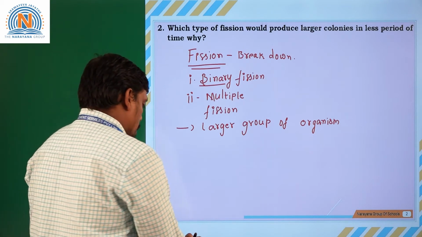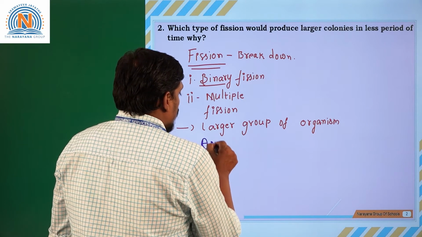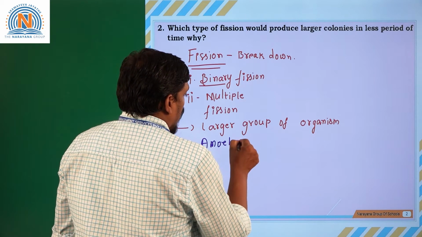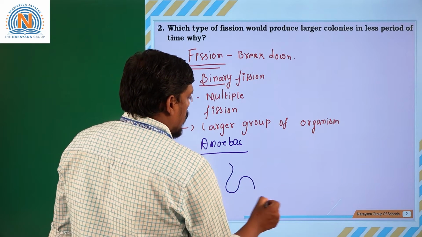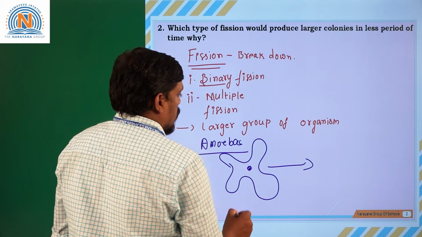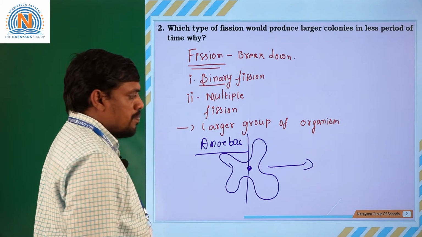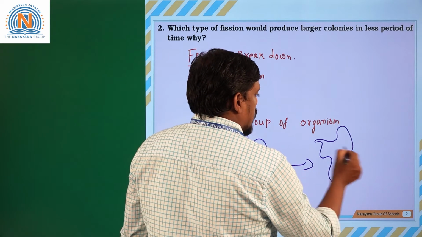Suppose we take an amoeba, which is a protozoan. During reproduction, it doesn't have a proper shape. With the help of binary fission, its body is divided into two equal pieces.